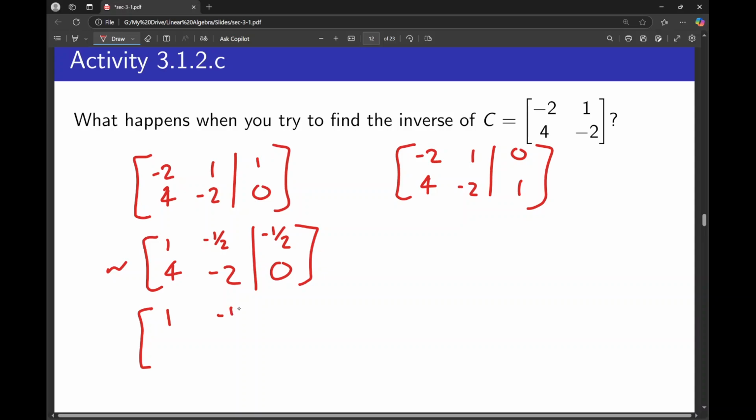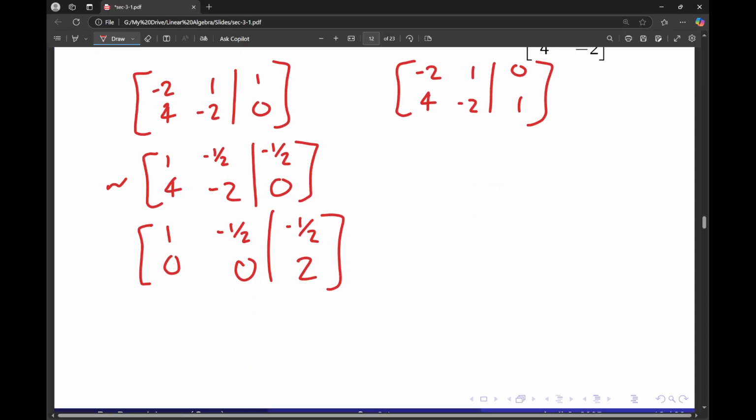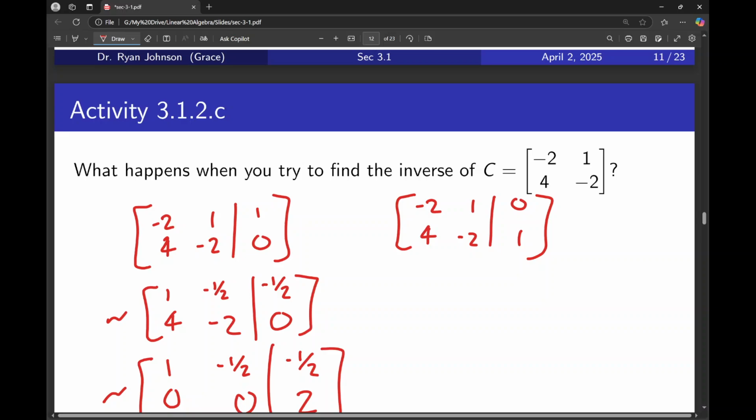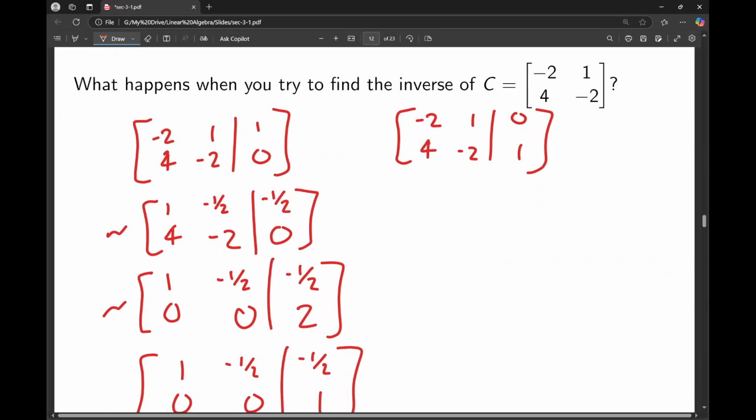So -4 times the first row, add to the second row is 0, 0, 2, and then you can make that 1, -1/2, -1/2, and then 0, 0, and then multiply by 1/2, and so then I have no solution. So when you try to find the inverse of C, you get no solution.